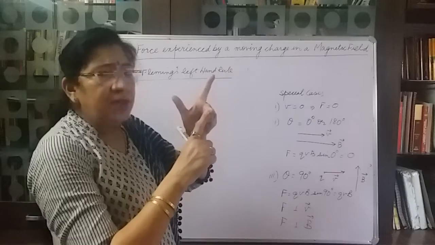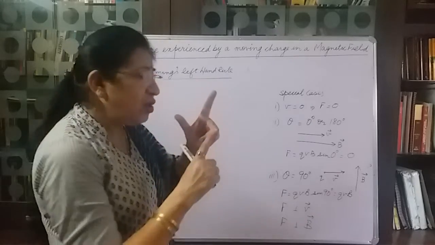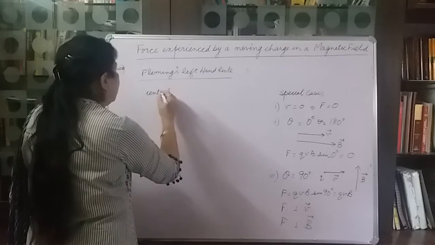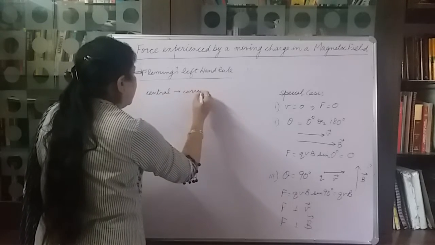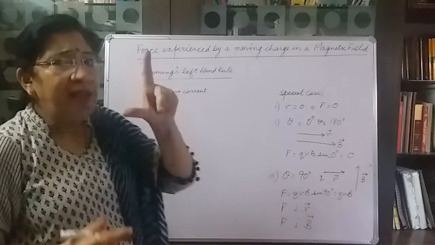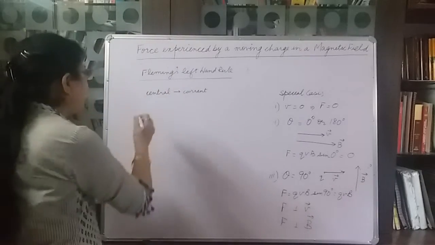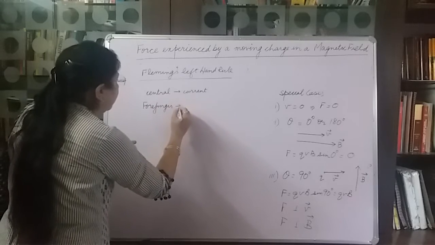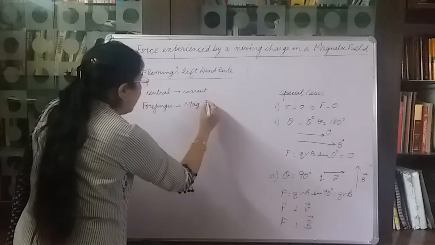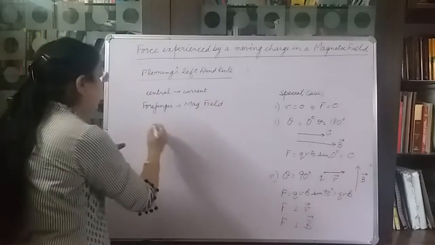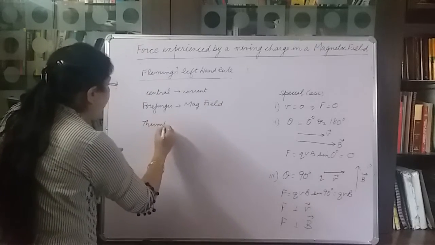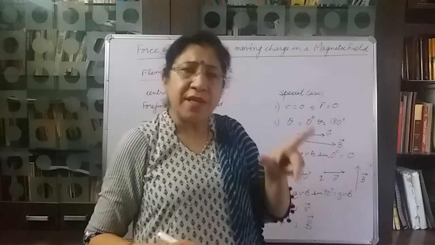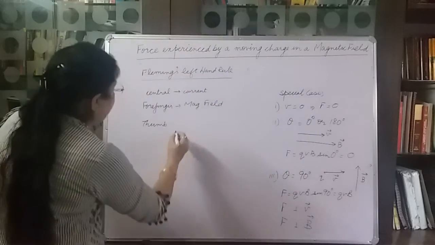If the central finger points in the direction of the current, the index finger, that is the forefinger, points in the direction of the magnetic field, then the thumb of the left hand gives the direction of the force experienced by the charged particle.